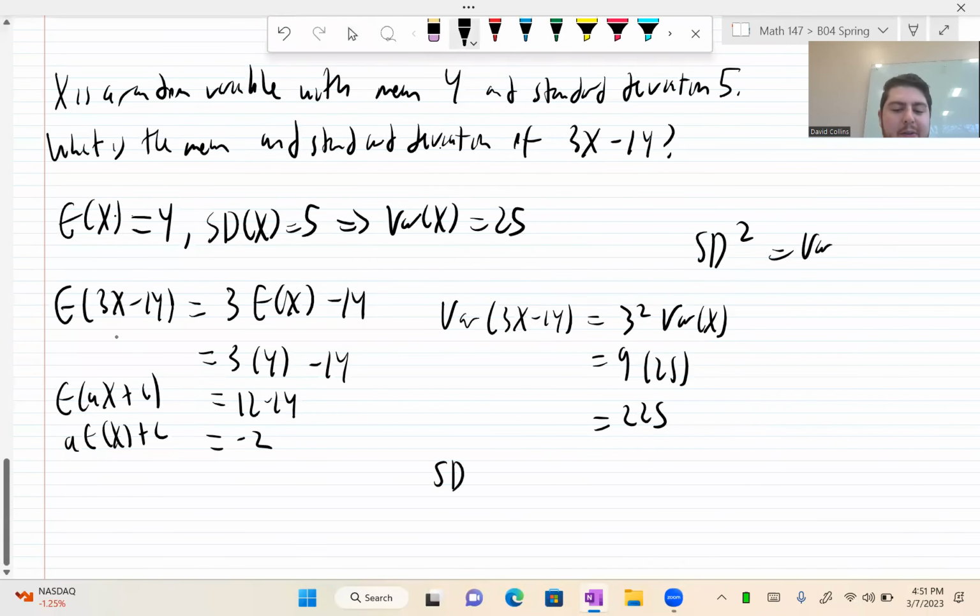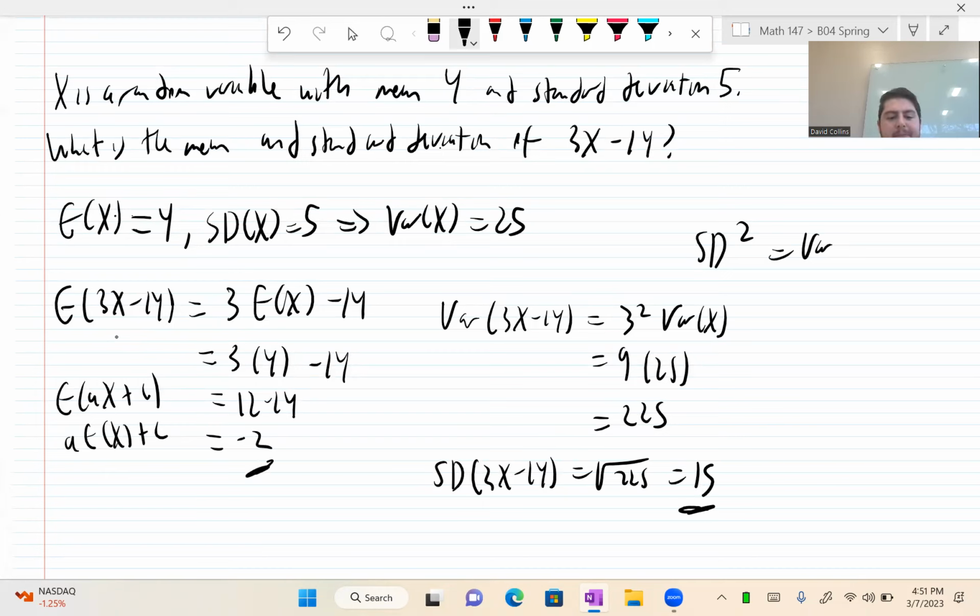But we want the standard deviation, so you want to take the square root of that. Square root of 225 is 15. This and this are your answer. You show us this, that's like 10 points on your test right there. And what you'll see is basically just the same thing with different numbers.